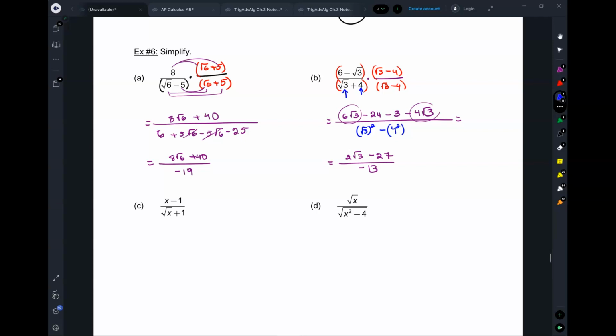However, conventionally, sophisticated math people don't like these dangling negatives here and there, right? So we want to incorporate them. Sometimes what you might see is you can distribute that negative into the numerator.